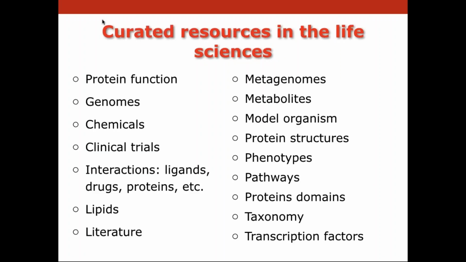So I'm sure everybody here has interacted with many of these different types of resources, but this is to remind you of the scope of curated resources in the life sciences. There are databases that talk about protein functions, genomes, chemicals, clinical trials, interactions with ligands, with drugs, with proteins. There's a large number of databases.